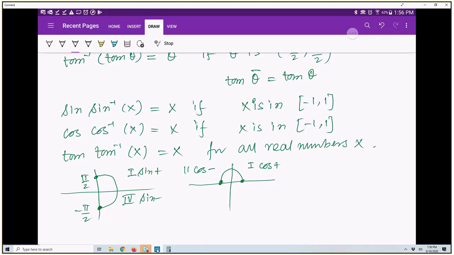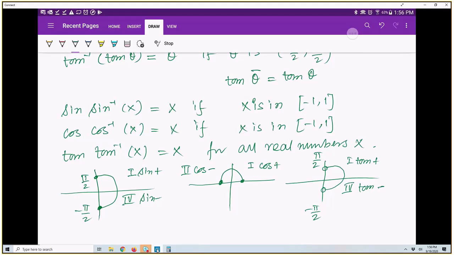Tangent is pretty similar to sine, with the exception of it is not inclusive. So it's negative pi over 2 to pi over 2, but negative pi over 2 and pi over 2 are not there in the domain. So positive value for tangent will have the angle in the first quadrant, and fourth quadrant is going to be for the negative values for tangent when we are finding the inverse trigonometric functions.